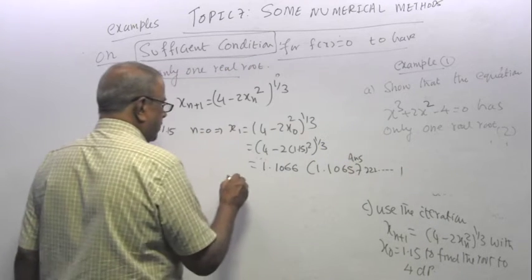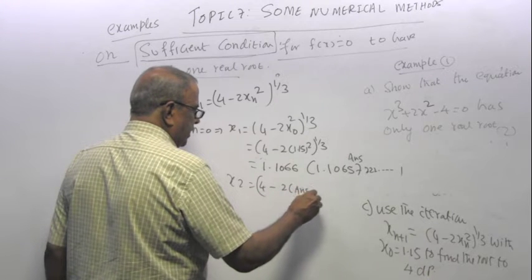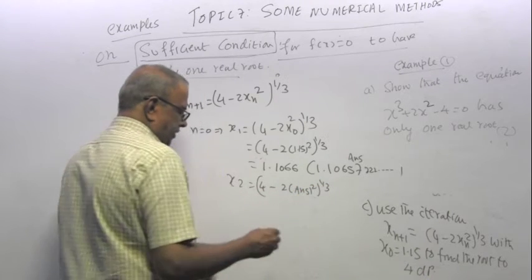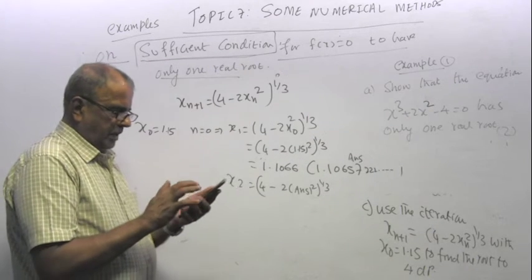What you do is, for x2 you do cube root of 4 minus 2 times answer squared. So I'll go back.